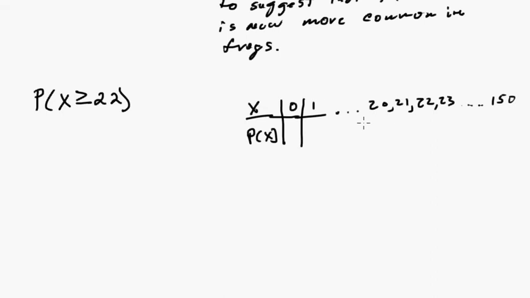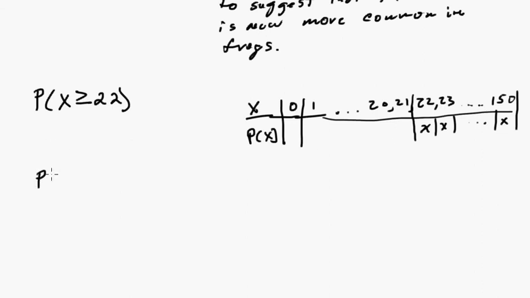It would take a couple days to create the model. What we're interested in is greater than or equal to 22, all of these probabilities here.